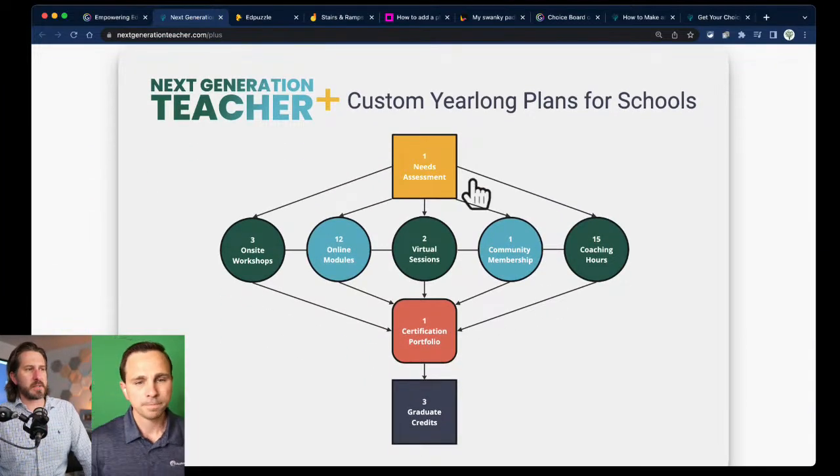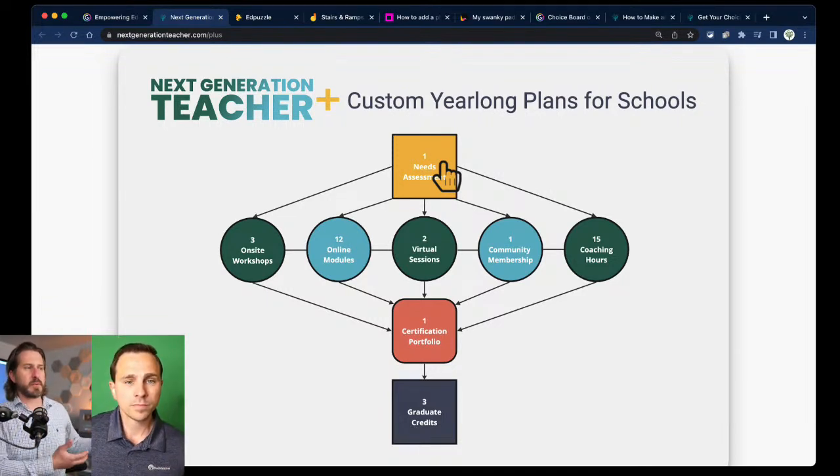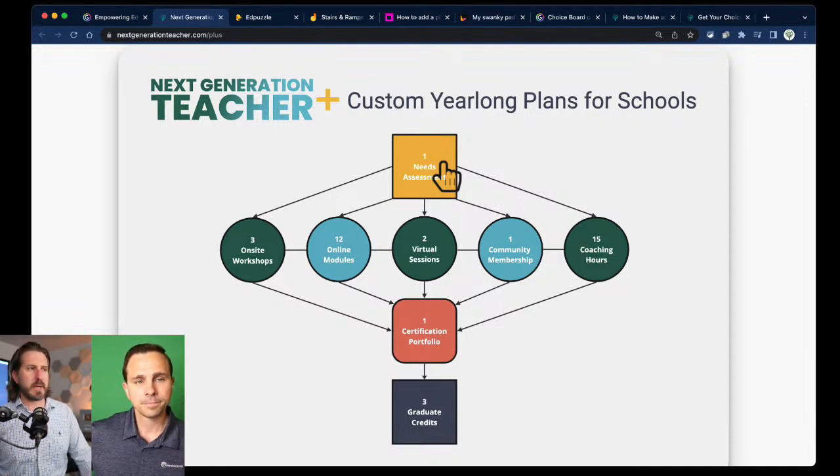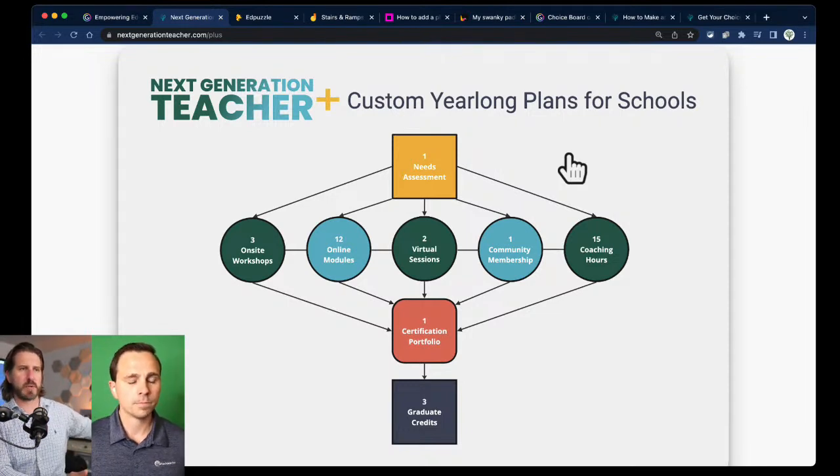So we're going to start with a needs assessment, really modeling the practices that one would do to personalize instruction for students as well. That is a research-backed practice to understand what a school needs, and build a program from that, as opposed to coming in with a prescriptive model, to really look at how to build a custom plan.